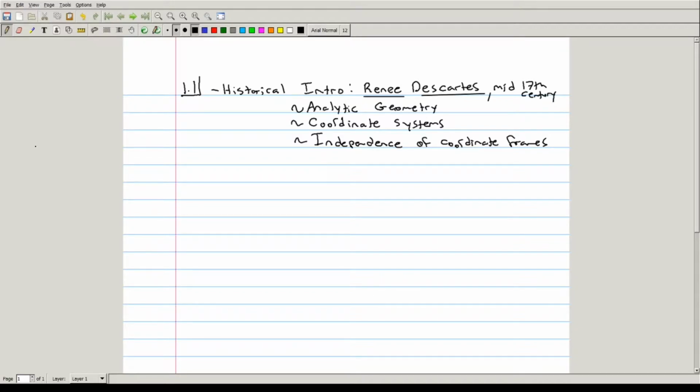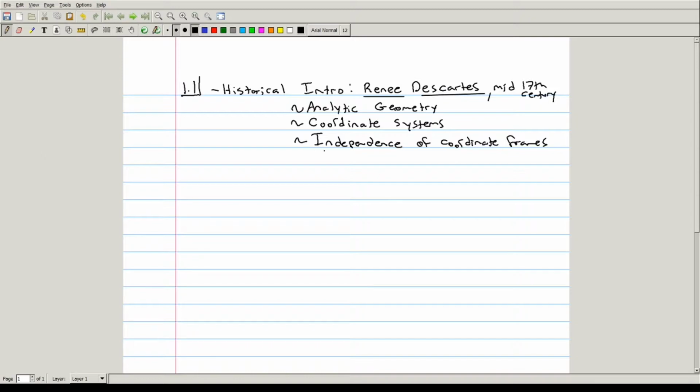And if it does depend on that coordinate frame, for instance, if I were to do an experiment in one coordinate system and then do the same experiment in a different coordinate system and I get two different results, there would be, in some sense, a big problem there. So we need some sort of invariance and independence if we're going to switch between coordinate frames.